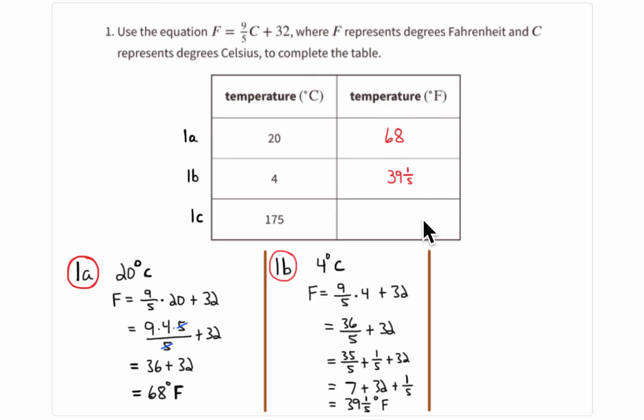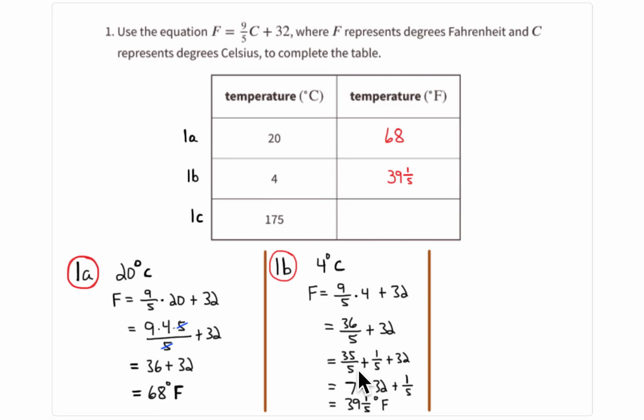All right, 4 degrees Celsius. So this is 9/5 times 4, and then you're going to add 32 to that. So 9 times 4 is 36/5 plus 32. Well, that's a little bit tougher in that, think about what number you can divide 5 into to get a whole number.